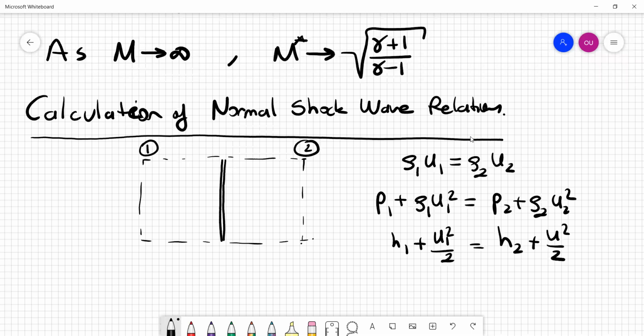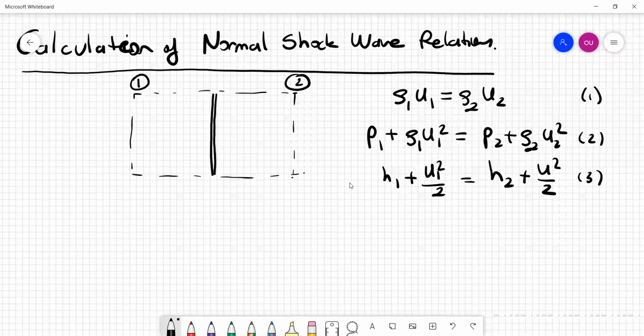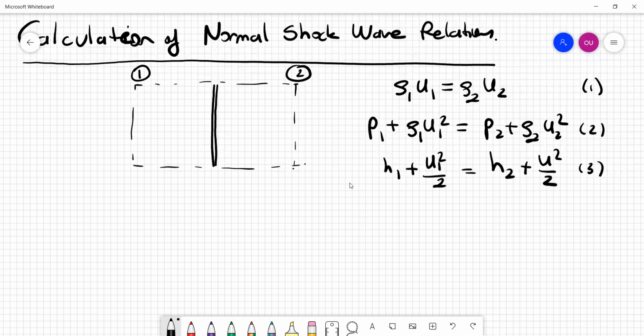Here, let me write down some equation numbers. Let's say these are equations 1, 2, and 3. And of course, we have two more relations in reality. We can relate h to temperature. For example, h1 is equal to Cp times T1, and h2 is equal to Cp times T2.